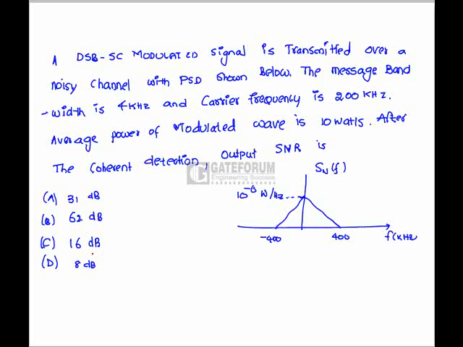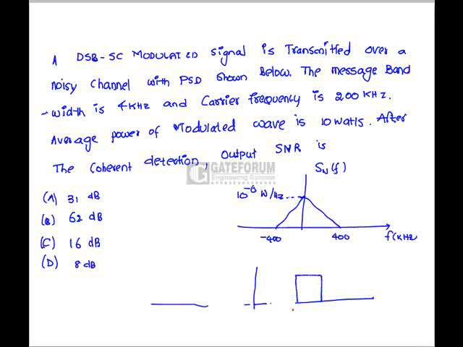A DSB-SC modulated signal is transmitted over a noisy channel with PSD shown below. The message bandwidth is 4 kHz and the carrier frequency is 200 kHz. The average power of the modulated wave is 10 watts. After coherent detection, the output SNR is. Here the DSB-SC spectrum is given as double sideband suppressed carrier.